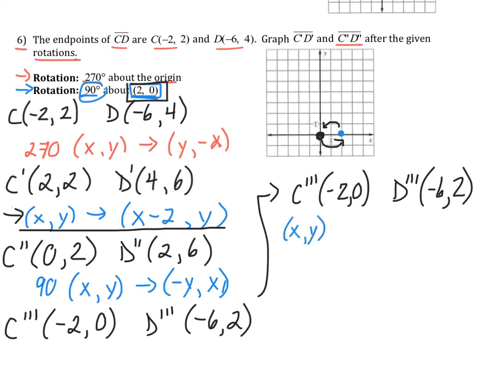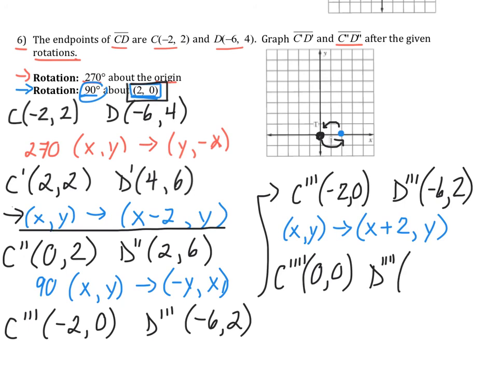But instead of moving 2 units to the left, now I'm going to move 2 units to the right. So now C quad prime is going to end up at 0, 0, right at the origin. And D quad prime is going to end up at negative 4, 2.